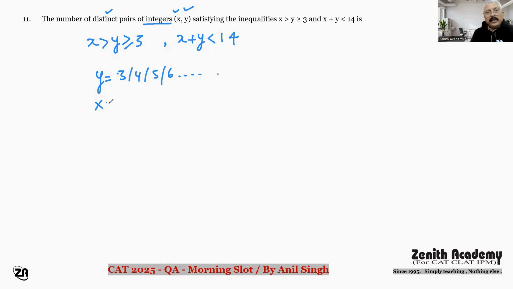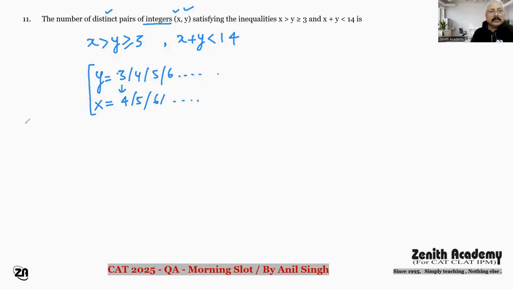If y is 3, then x is 4. If y is 4, then x is 5. If y is 5, x is 6. This way. But at the same time you have to check that this inequality should also be satisfied, that x plus y is less than 14.